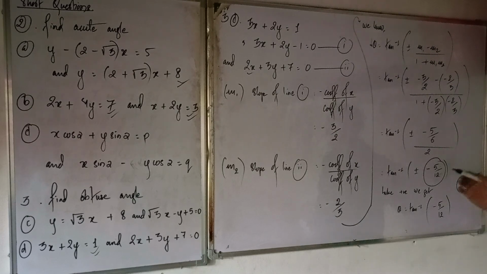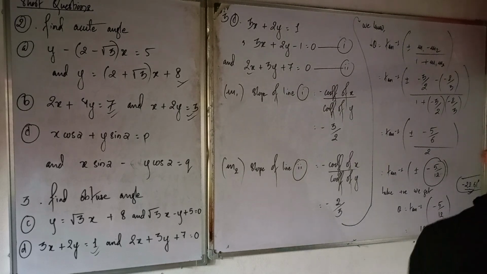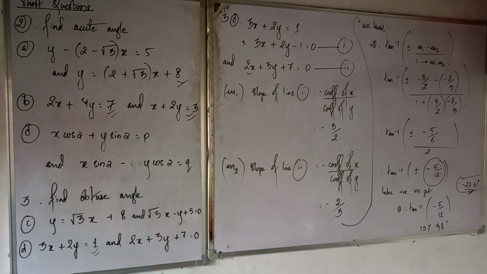This minus sign indicates that you have to subtract this angle from 180 degrees. 180 minus 22.61 gives the answer 157.38 degrees. So the textbook's answer is wrong, and you also need to rectify that answer. 157.38 is the actual answer for that question.